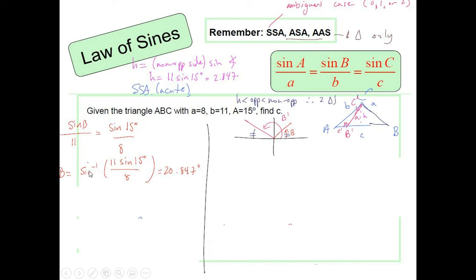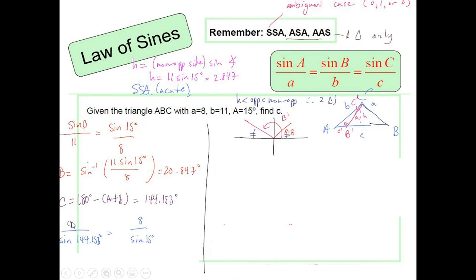Angle B is going to equal inverse sine of 11 times sine of 15 over 8, and that would give us 20.847 degrees. Now, we also have to figure out what C is, and we can simply do that by 180 degrees minus A plus B, which would give us 144 degrees.